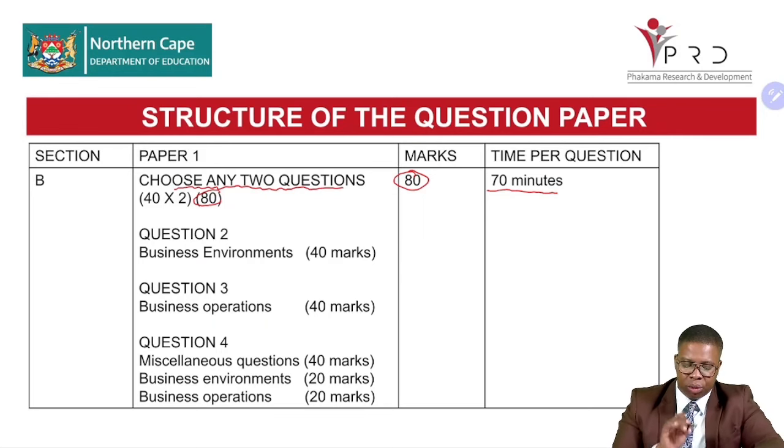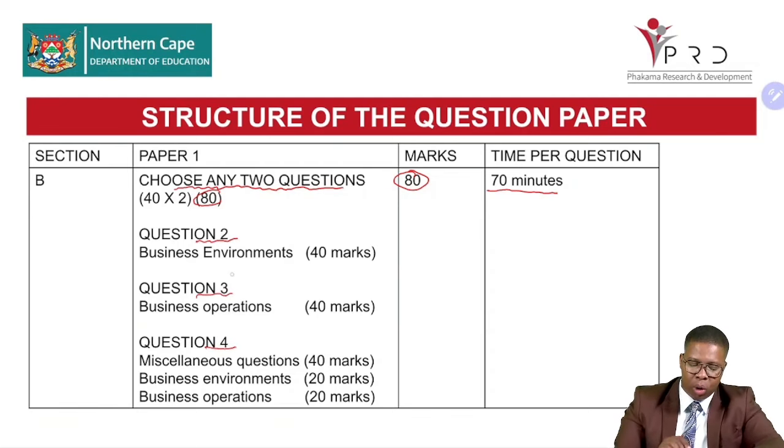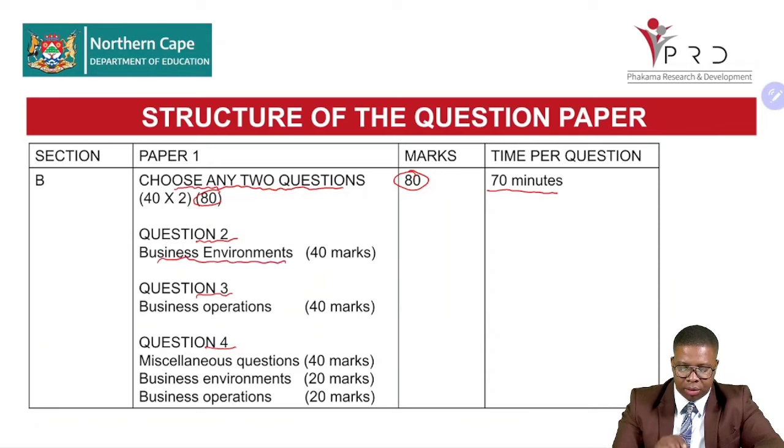So when they say choose any 2 questions, you'll choose any 2 between question 2, question 3, or question 4. Question 2 will consist of business environment, question 3 will consist of business operations, and question 4 is a combination of both business environment and business operations.